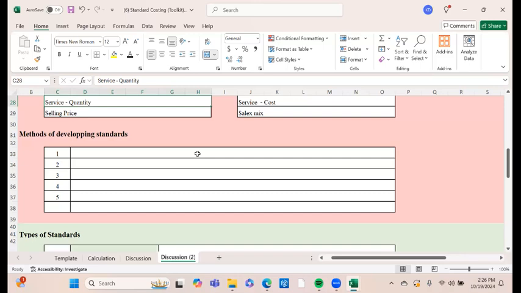It can apply to a manufacturing organization as well as a service organization. Whether it is manufacturing or service, when you want to manufacture and sell or offer a particular service, we need to set certain standards, right?